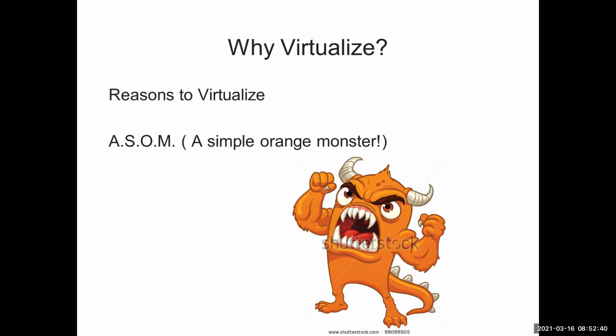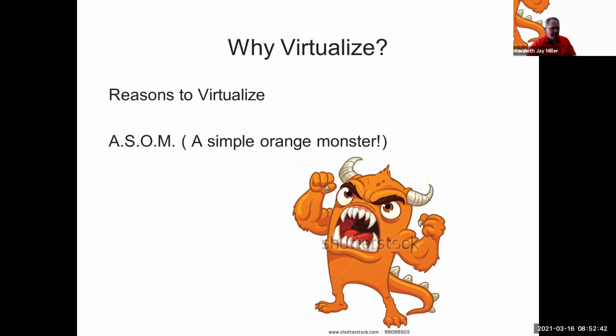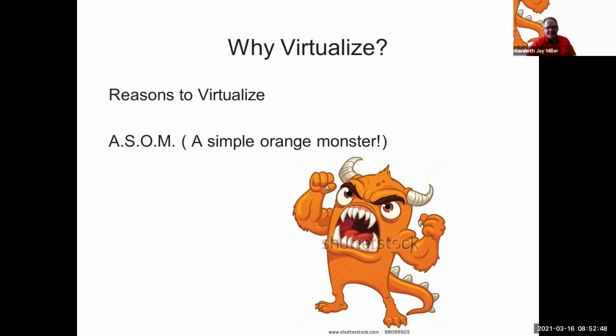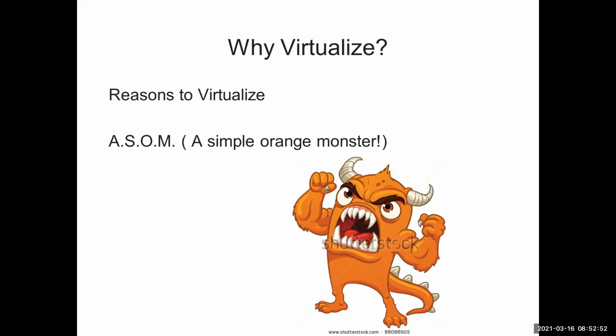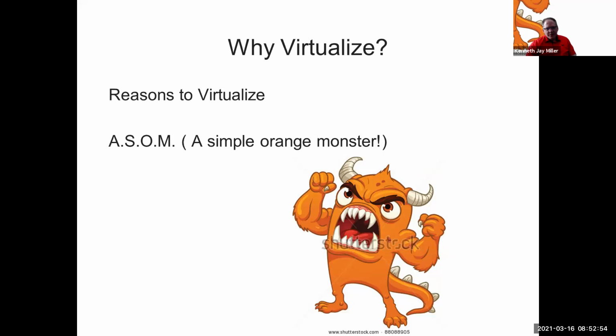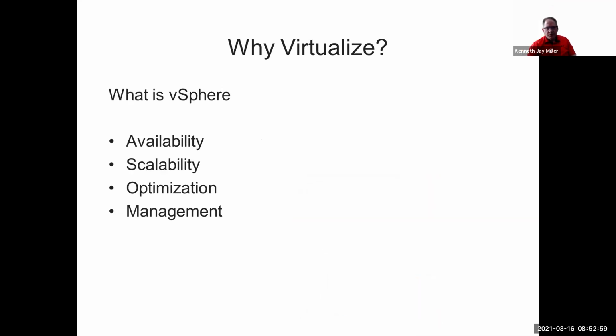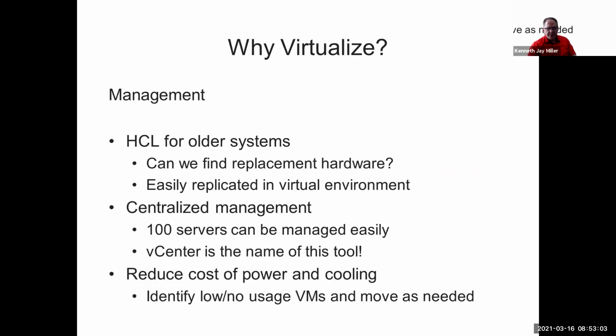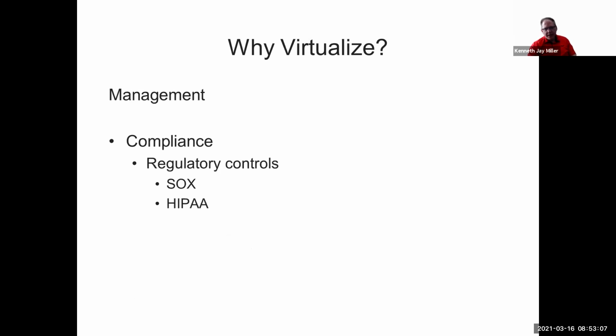Scalability. And then the O? Optimization, very good. And then someone other than Frankie, what does the M stand for? Management, good. So when you think of why we virtualize, those are the four biggest reasons: the availability, the scalability, the optimization, and then the management.